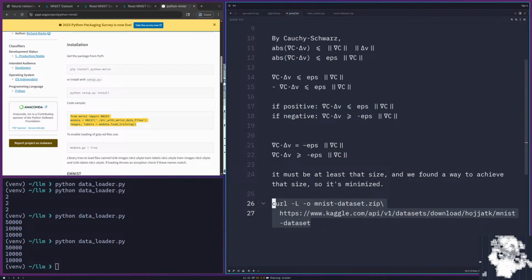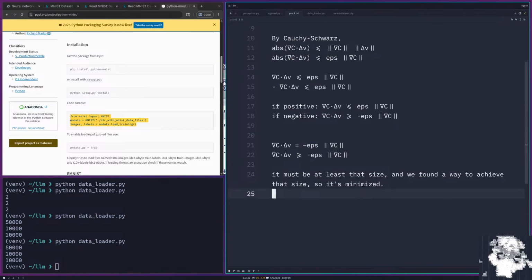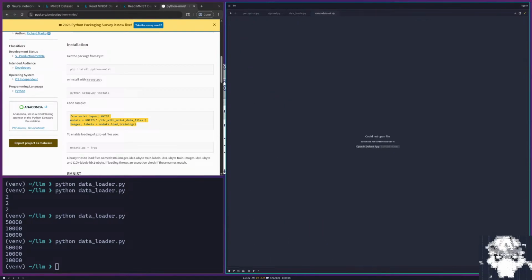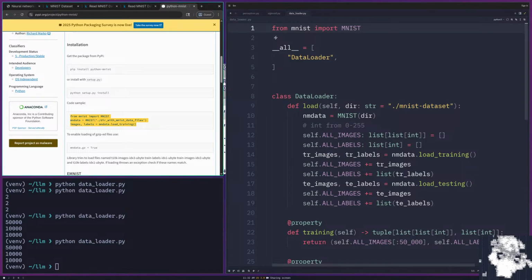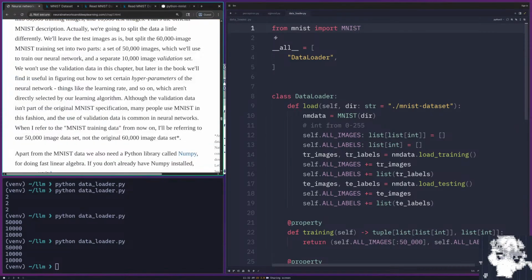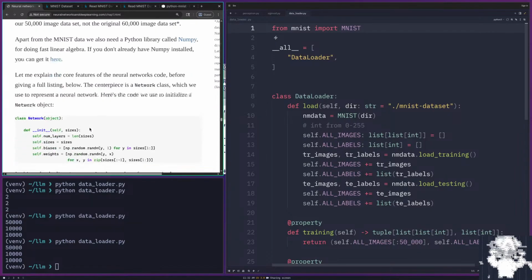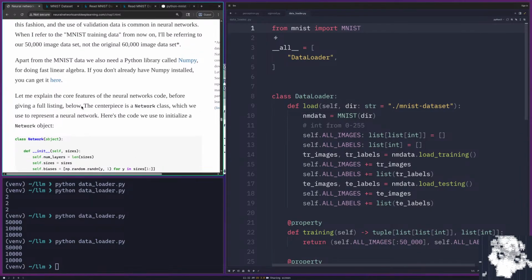So let's get back to the book, I guess. Apart from the MNIST data, we also need a library called NumPy, for doing fast linear algebra. If you don't already have NumPy installed, you can get it here. Let me explain the core features of the neural network's code before giving a full listing below.